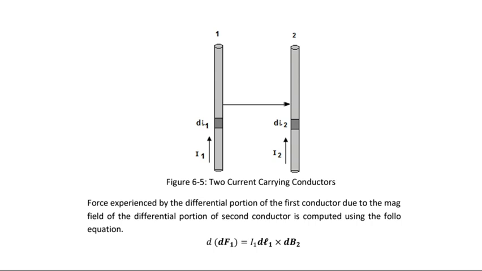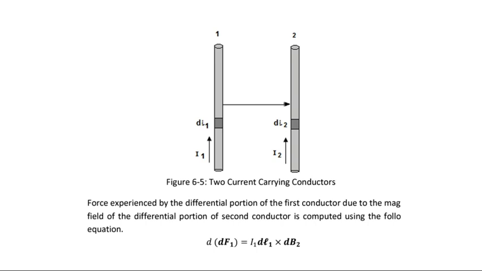So there will be a force on conductor number 1 due to the magnetic field of conductor number 2, and there will be a force on conductor number 2 due to the magnetic field of conductor number 1. So what we do, we consider the small portion of conductor number 1 and the small portion of conductor number 2.